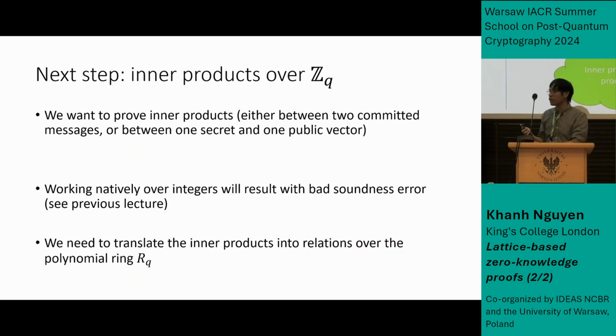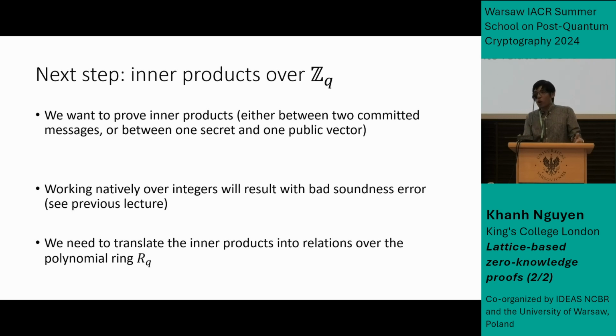So now we're interested in proving inner products. There are all these inner products here, and I want to prove them. So the next step is proving inner products over Z_q. We want to prove inner products either between two committed messages, or one secret and one public, and so on.